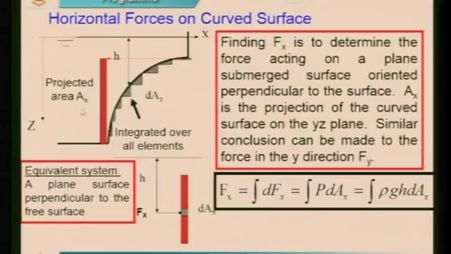Suppose the water is like this, finding Fx is to determine the force acting on a plane submerged surface oriented perpendicular to the surface. In that case, you can see here I have shown you a very nice way. This is the curved portion. Can you see in the cursor from this point, say 1 to 2, I have projected an area. Can you see? I have projected an area like this. Is it okay?